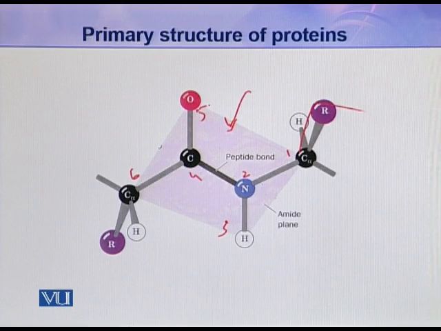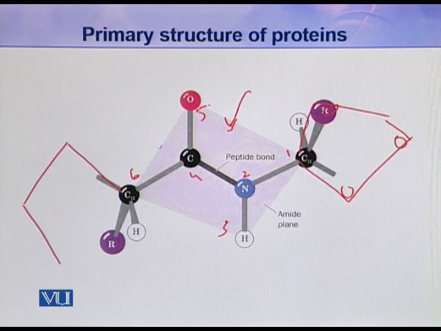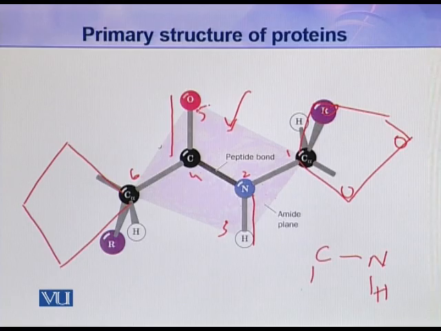Another peptide group will also contain 6 atoms, but it will lie in another plane. Similarly, here is another peptide group. In this peptide group, the CO and NH are always in trans configuration. They can never be in a cis configuration. This is not present in protein molecules.